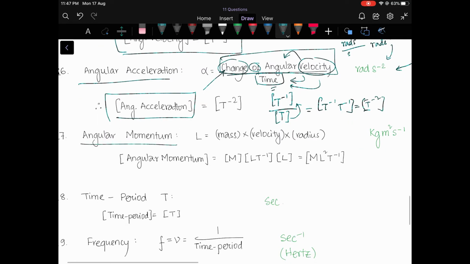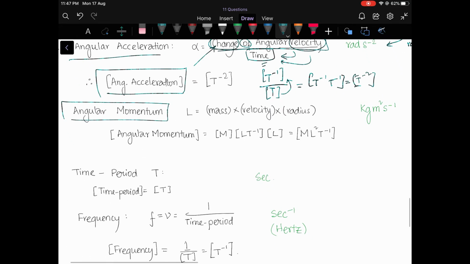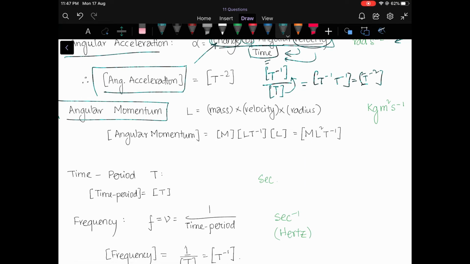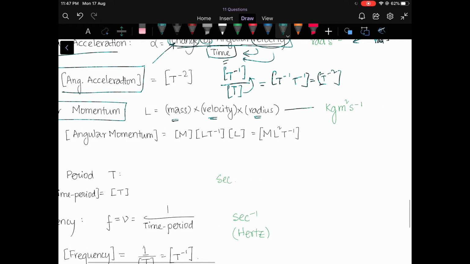Then we have something called angular momentum that we again talk about in rotational motion, not in linear motion. It has a formula where we have mass times velocity times radius. So the unit of angular momentum will be the unit of mass, which is kg, and the unit of velocity, that is your meters per second.